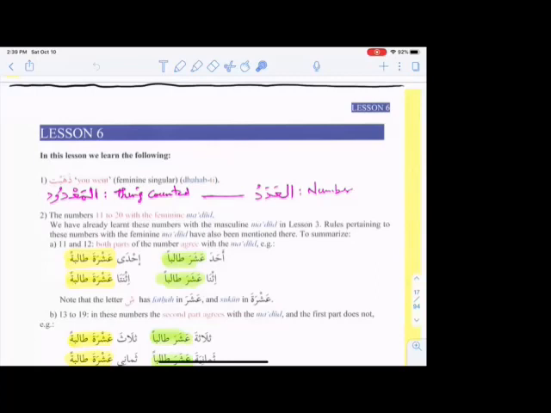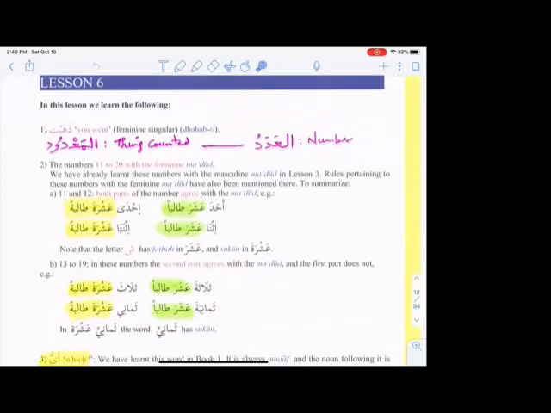So we have here, my brothers and sisters, we are counting from 11 to 20. This is the special feature of 11 to 20. What is the special feature? Here, this thing is a compound word. It has got 2 parts. It's only from 11 to 19.